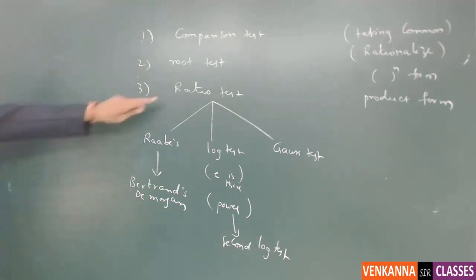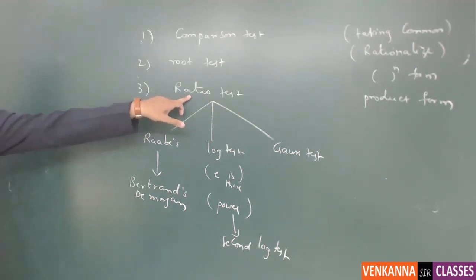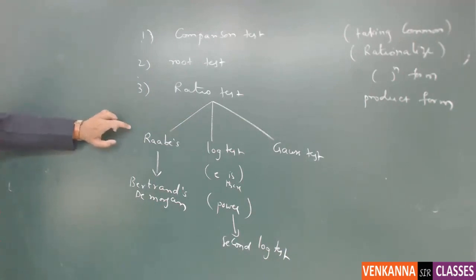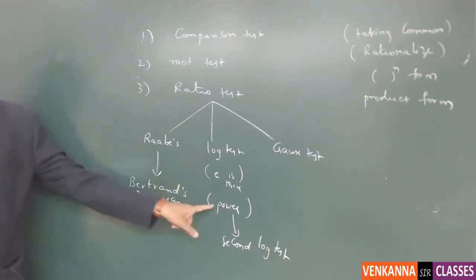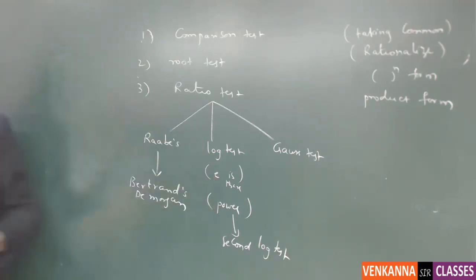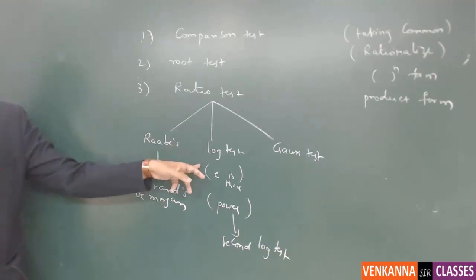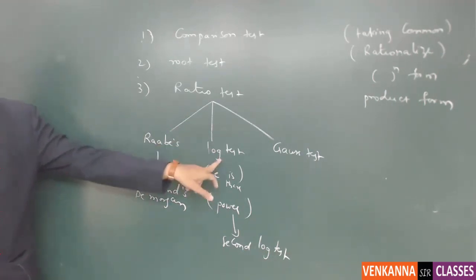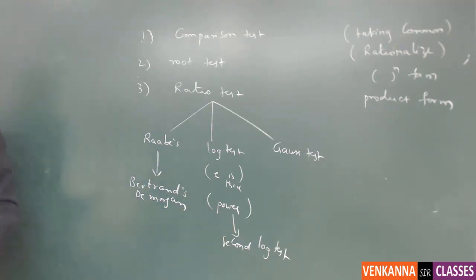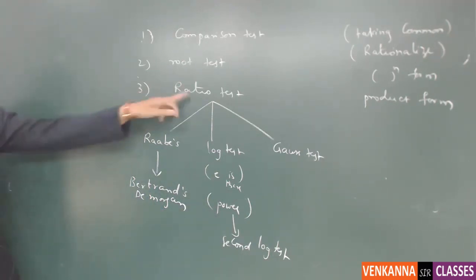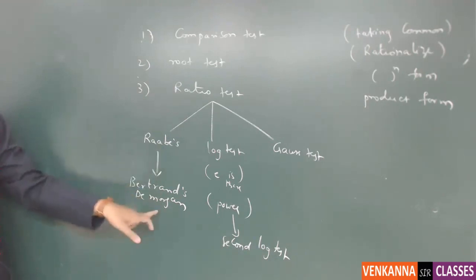So always, if the ratio test fails, then we should use Raabe's test, unless the limit is involving a power or the symbol e. If the symbol is there, we should apply only the log test. If log test fails, then we further go for the second log test. The usual norm is ratio test, then Raabe's test, then Bertrand test.